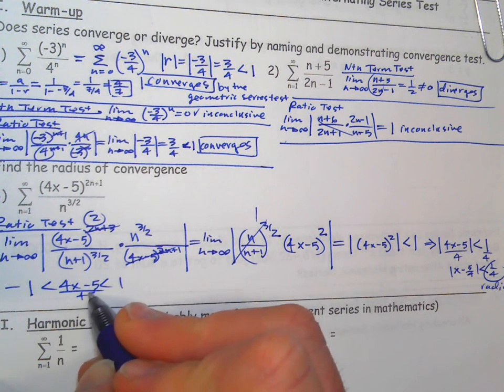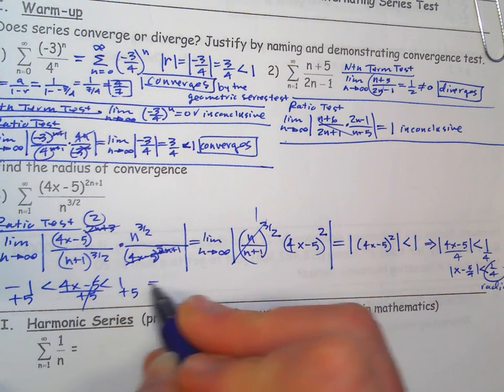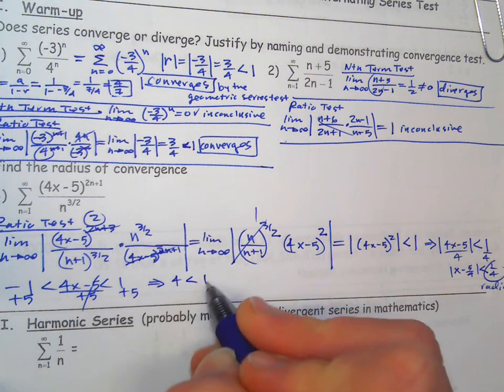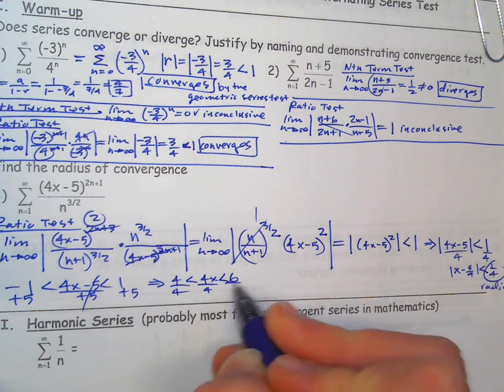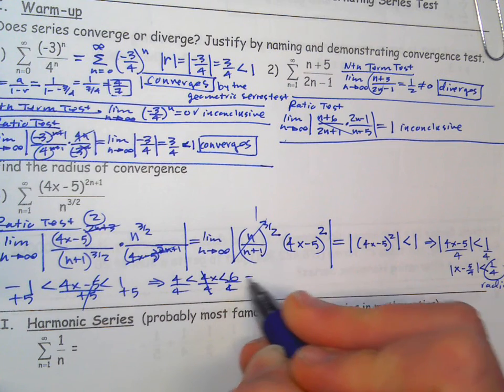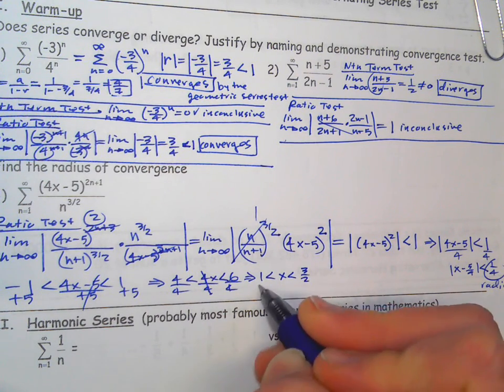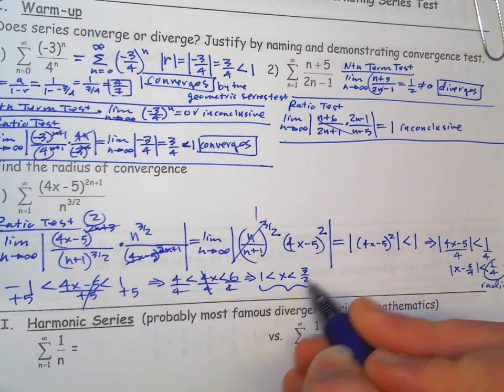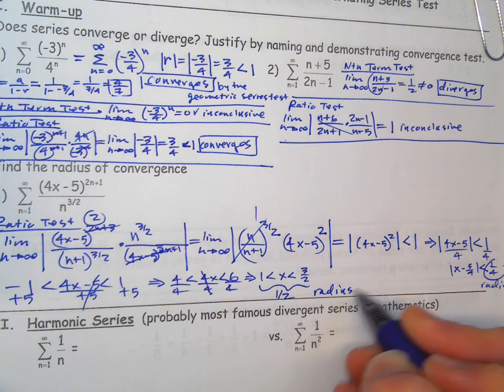Probably add 5 to both sides first. So we get 4 less than 4x less than 6. Divide all three sides by 4. So the diameter from 1 to 1.5 is 1/2. So the radius has to be half of that. The radius is 1/4.